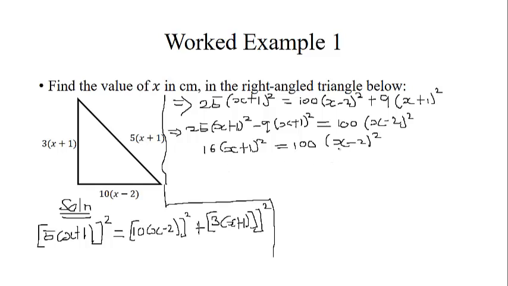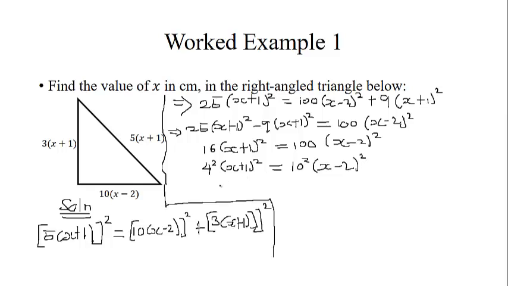I think we need to rewrite this back in the form: 16 is the same as 4 squared, so 4 squared into bracket x plus 1 all squared is equal to 10 squared into bracket x minus 2 all squared.